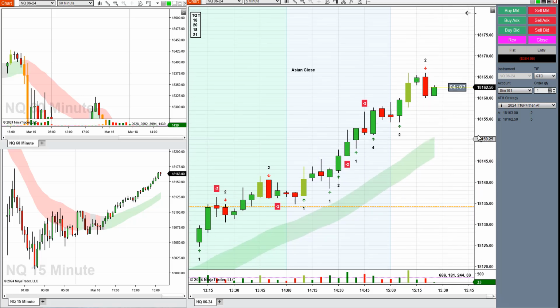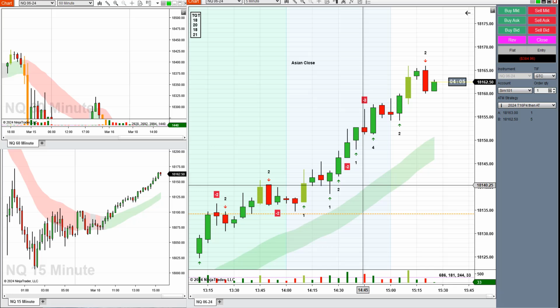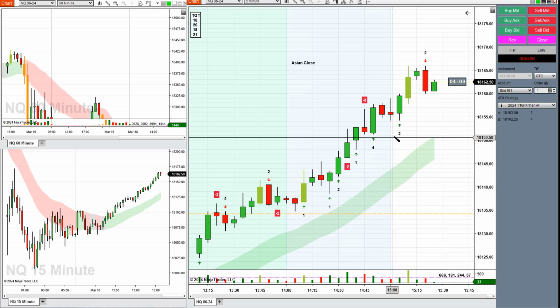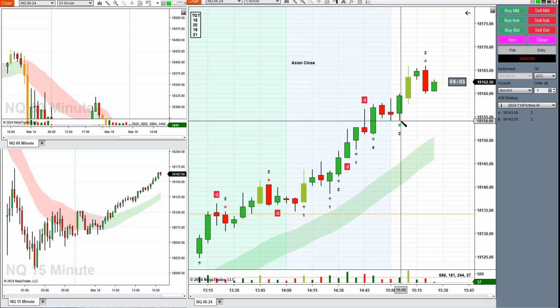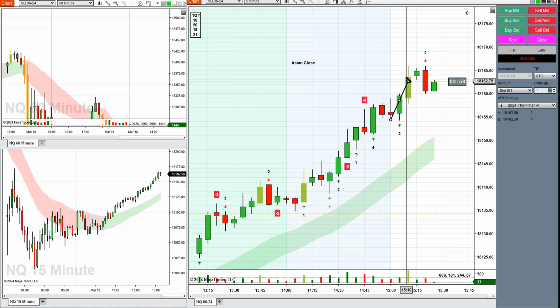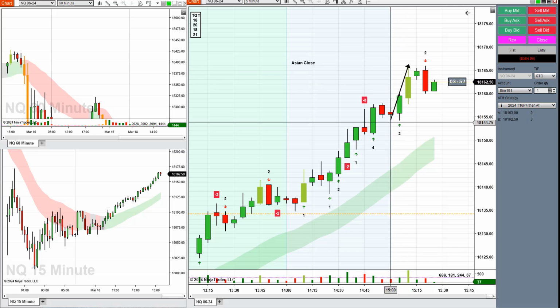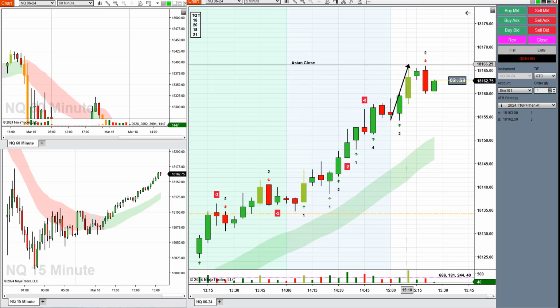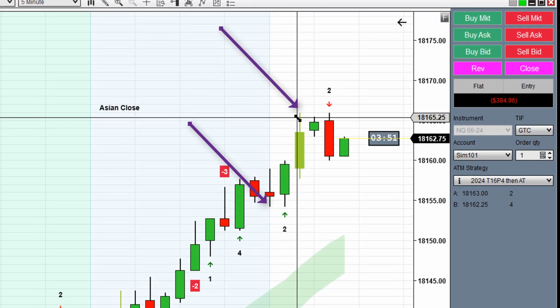In a nutshell, I'm going to draw a Fibonacci on here and explain to you in principle what it is. In this case we've got a nice little up move in the market. All I've done is go from the extreme low of this particular candle to the extreme high of that candle, otherwise known as extreme low to extreme high.